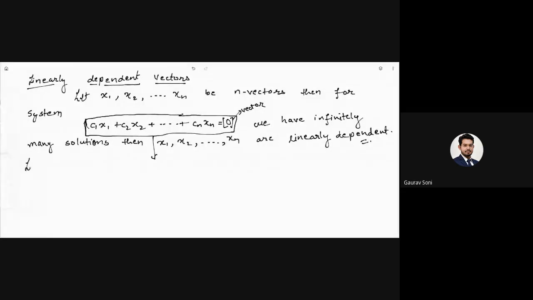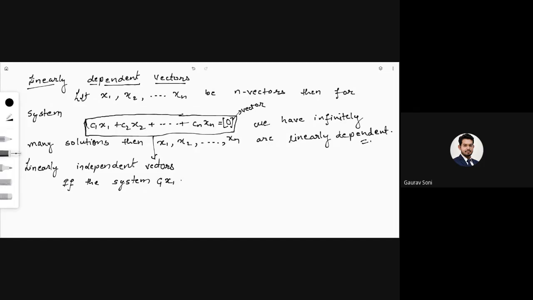Now, independent vectors: if the system C1 x1 plus C2 x2 plus up to Cn xn is equal to 0 has a unique solution, which will be, as someone said, C1 equal to 0, C2 equal to 0, C3 equal to 0.